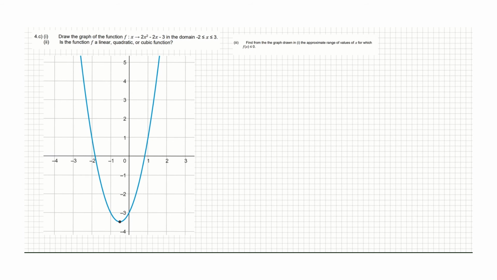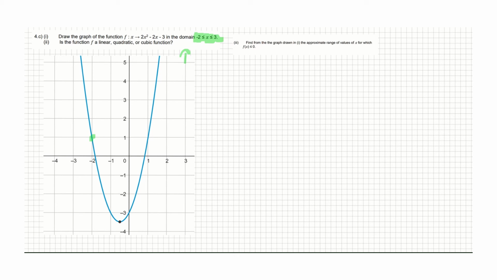Okay, Chloe, I've copy and pasted the diagram. Now, I just look here in the domain minus 2 to 3. It should start here, but it should finish, you know, well up along here. I don't think you'll be docked too many marks for it, because I think it's way up.